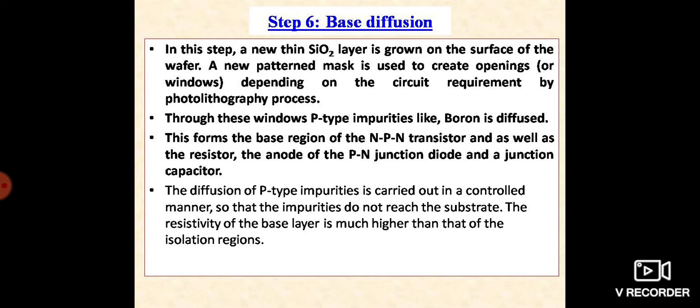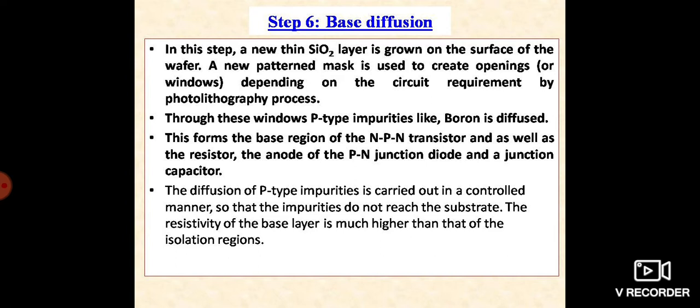All these are experimental steps and all these are carried out in sophisticated labs so that the impurities do not reach the substrate. We have to diffuse the p-type impurities to create the base regions, and these impurities should not reach the substrate. The resistivity of the base layer is much higher than that of the isolation regions.